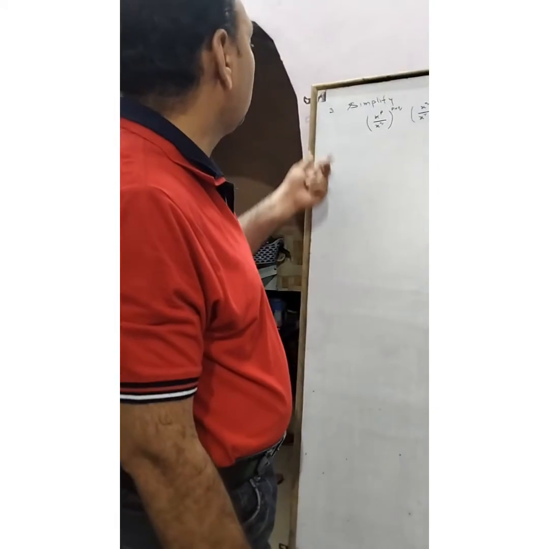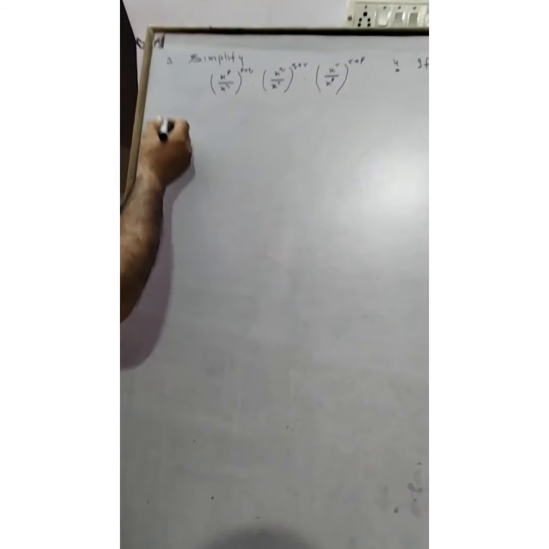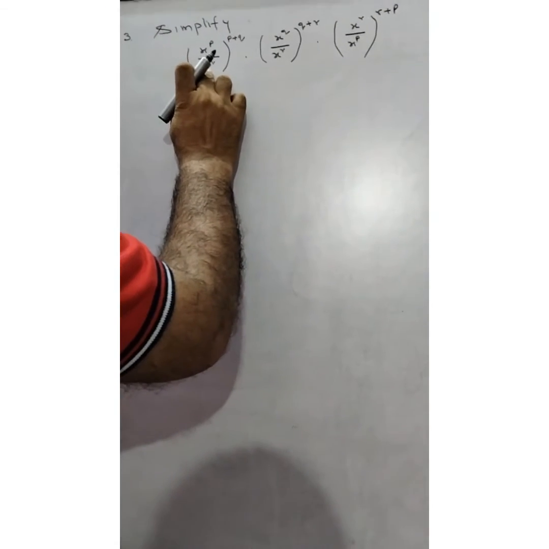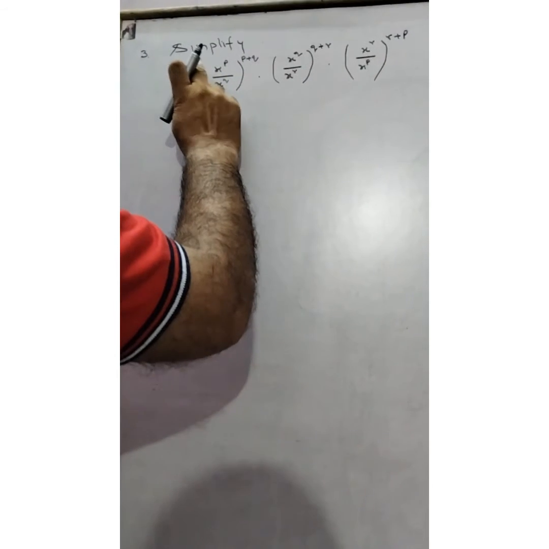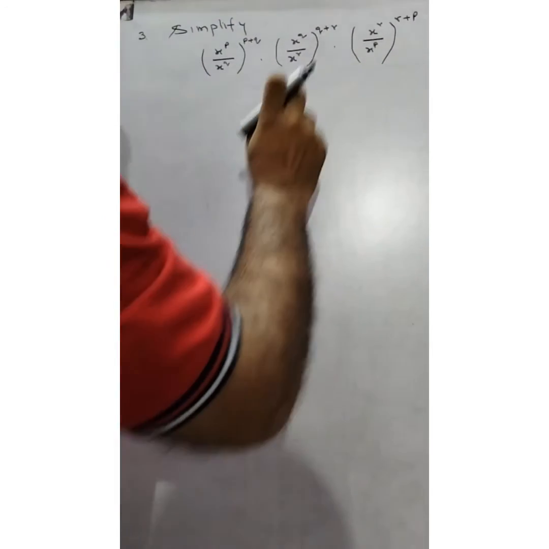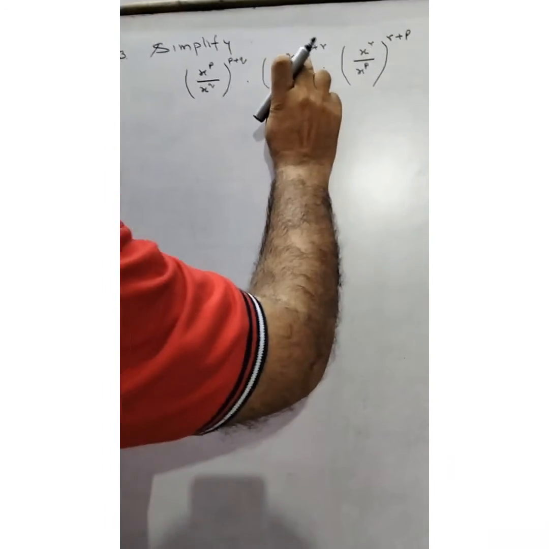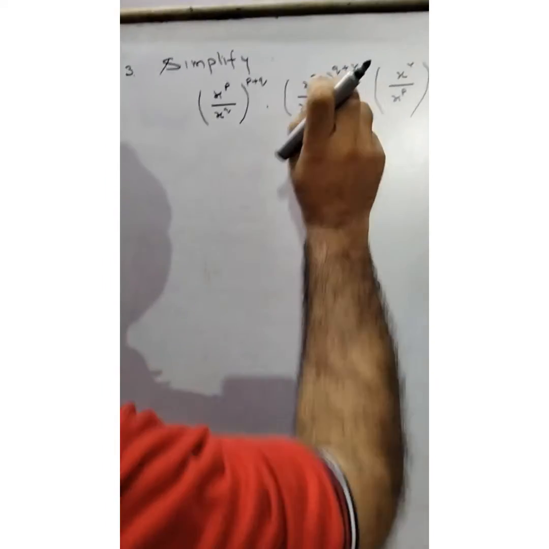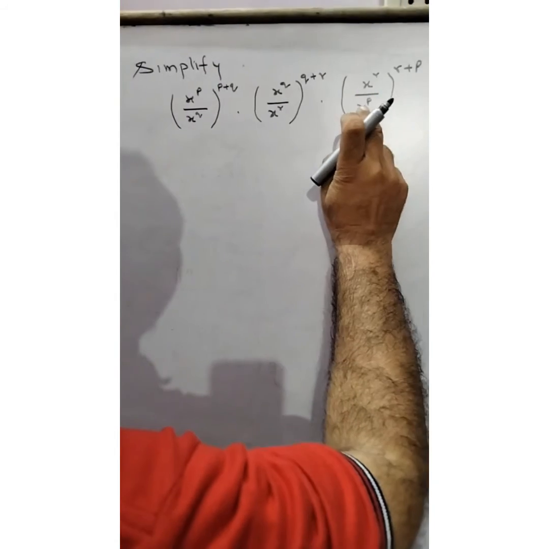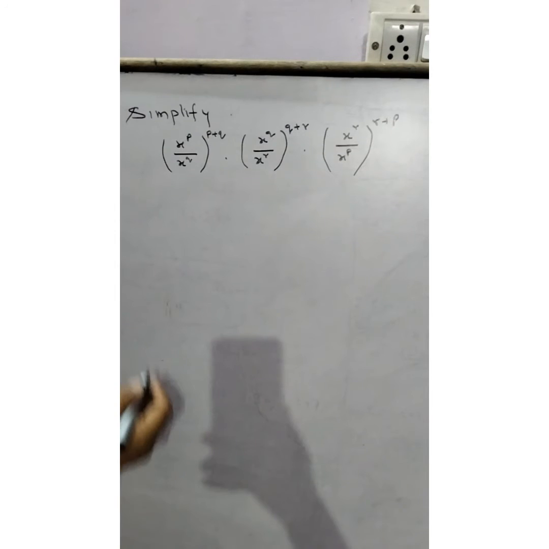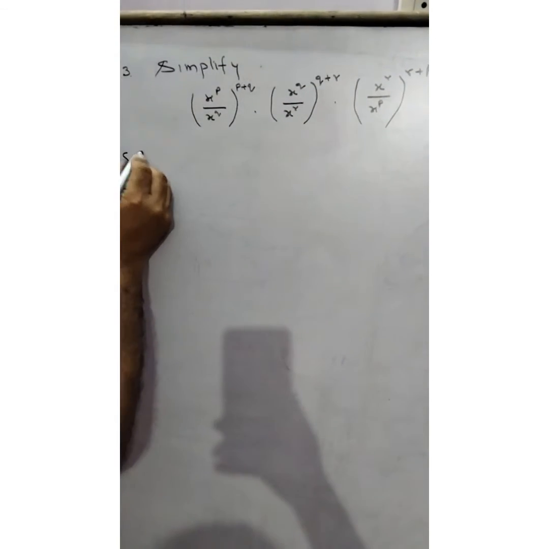We will start the third question. Simplify (x^p / x^q)^(p+q) times (x^q / x^r)^(q+r) times (x^r / x^p)^(r+p). Now solve.